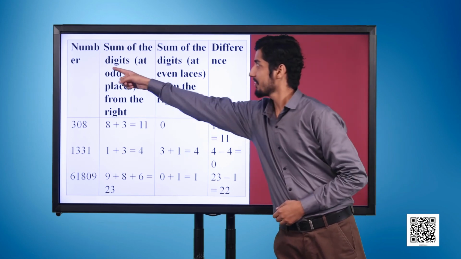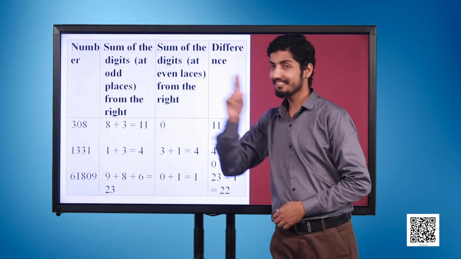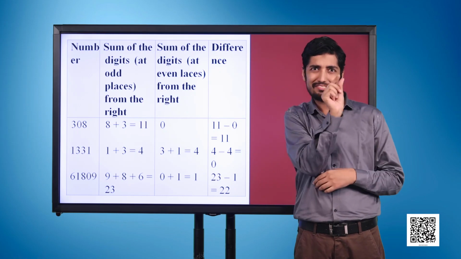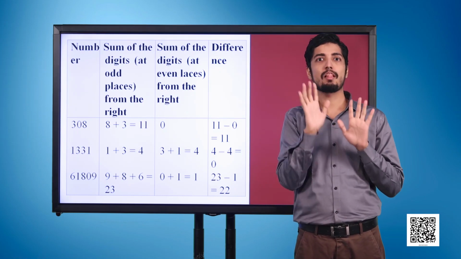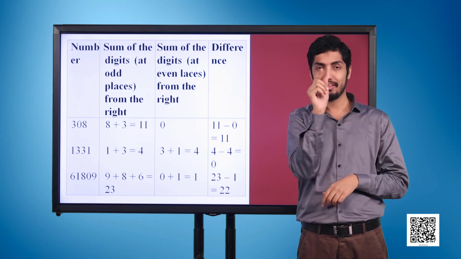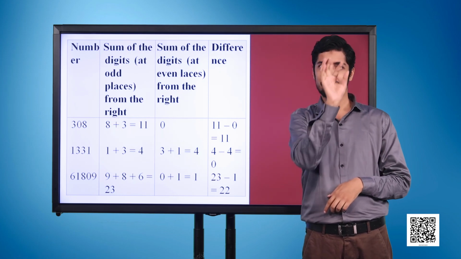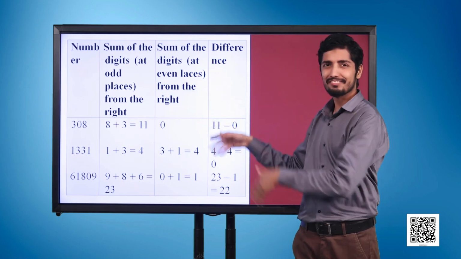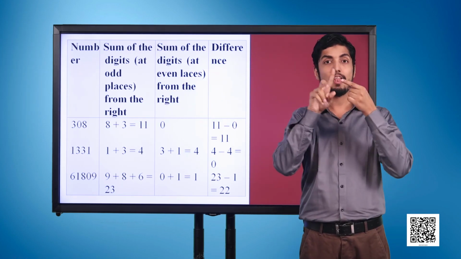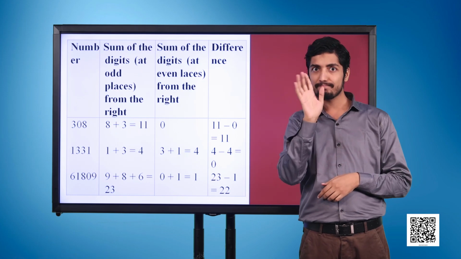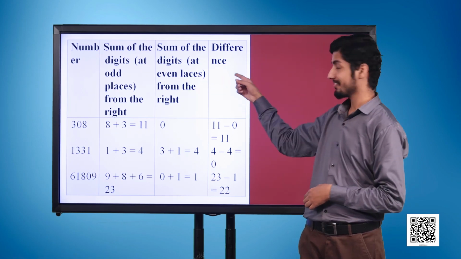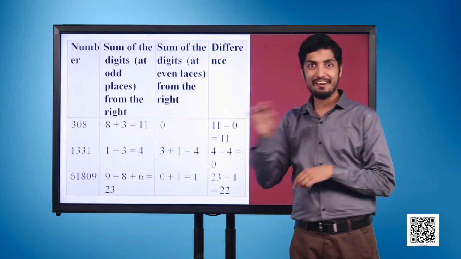Column 1 says number. Column 2 says sum of the digits at odd places from the right. Column 3 says sum of the digits at even places from the right. And column 4 says difference.